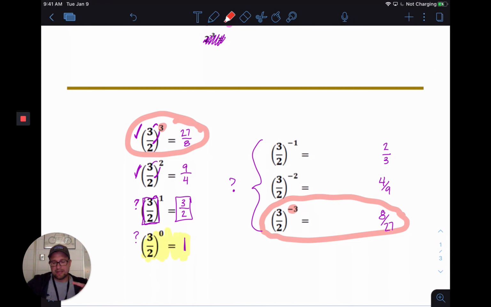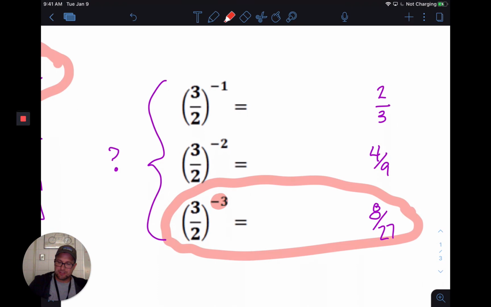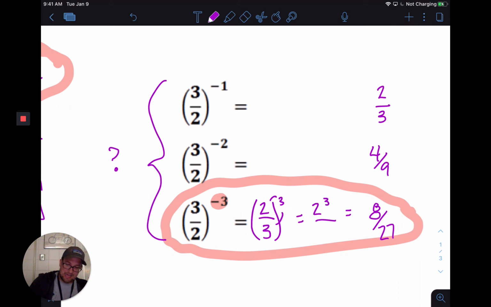So it looks like whenever I have a negative exponent on the outside of a fraction like that, I can maybe even just start by flipping the fraction. And if I just flip the fraction, it looks like I just raise it to the 3rd, 2 to the 3rd is 8, and 3 to the 3rd is 27.